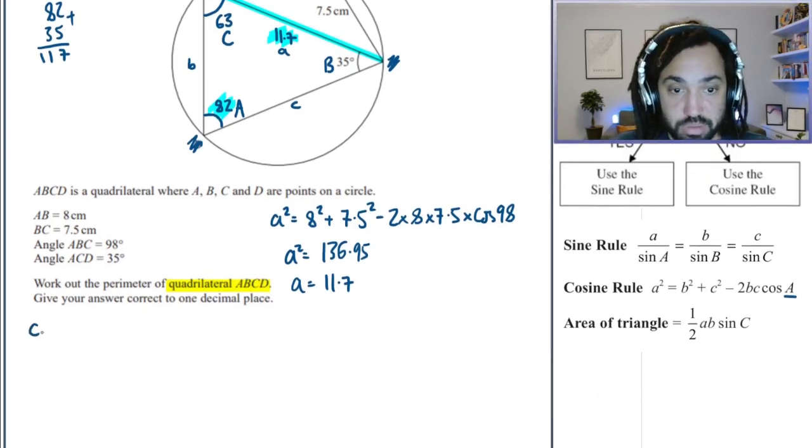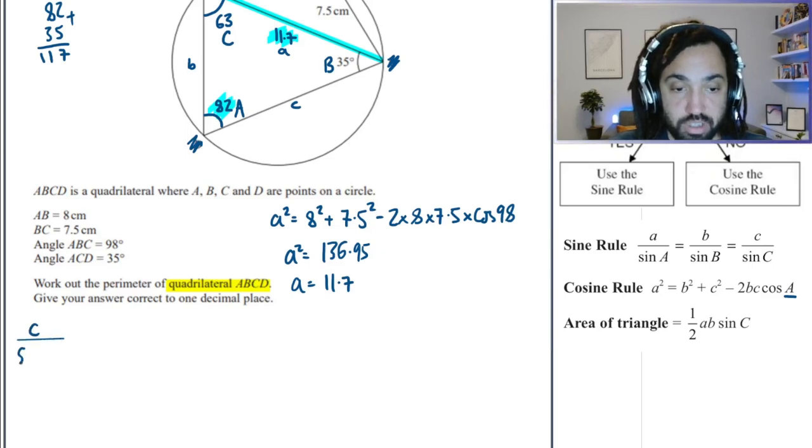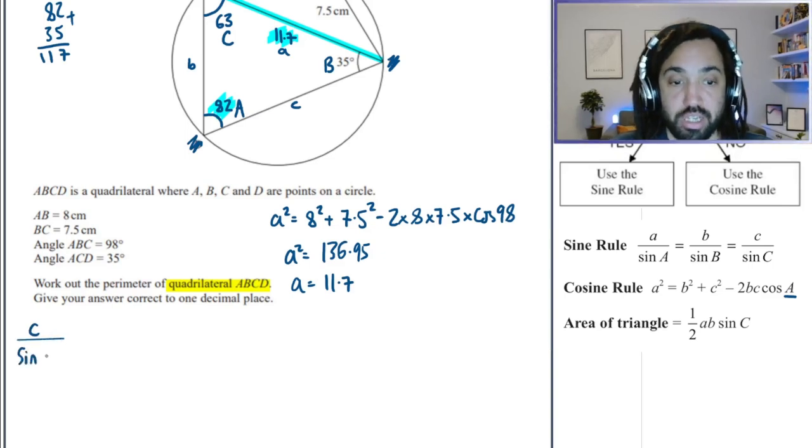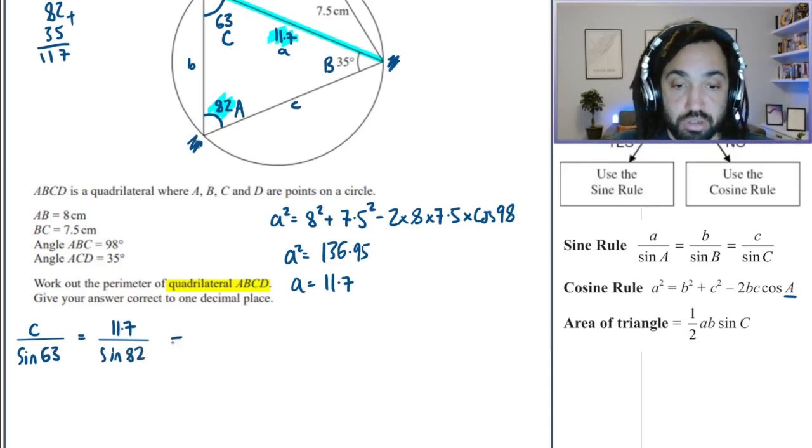So to find little c, the formula is little c over sine of capital C is equal to the pair that we know, which is little a over sine of capital A. So we can rearrange this to get c is equal to 11.7 over sine 82, multiplied through by sine 63.